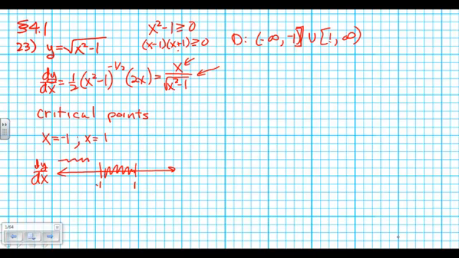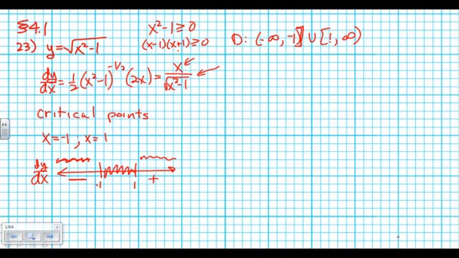It's defined, and not only is it defined, but it's a single sign, either all positive or all negative, because the critical points are the places where the derivative can change sign. If I put any number from this portion of the number line into the derivative, I get dy/dx being negative. If I take any value from this other part and put it in my derivative, I get dy/dx being positive.